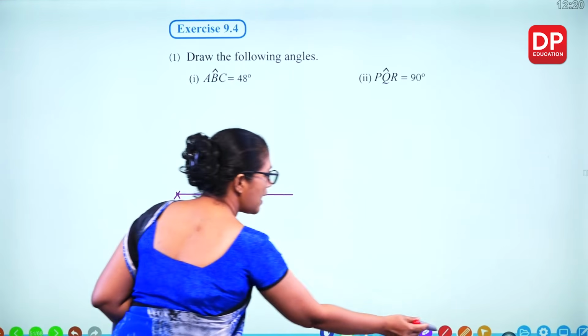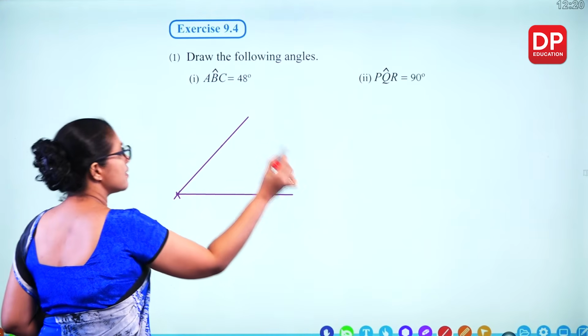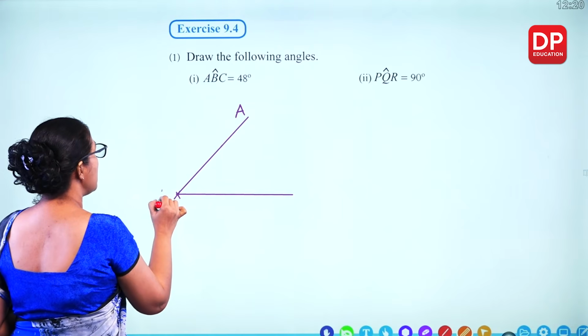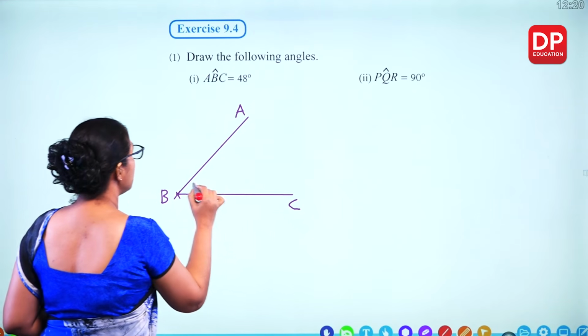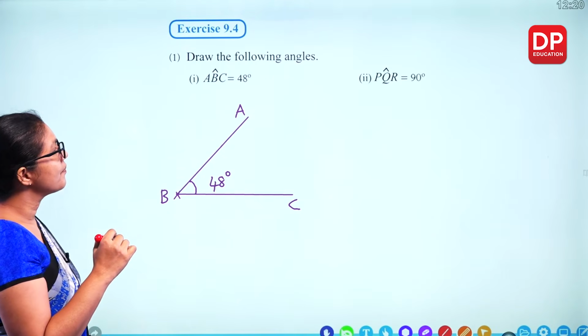Now take the ruler and connect. So this is the ABC angle, and this is 48 degrees.